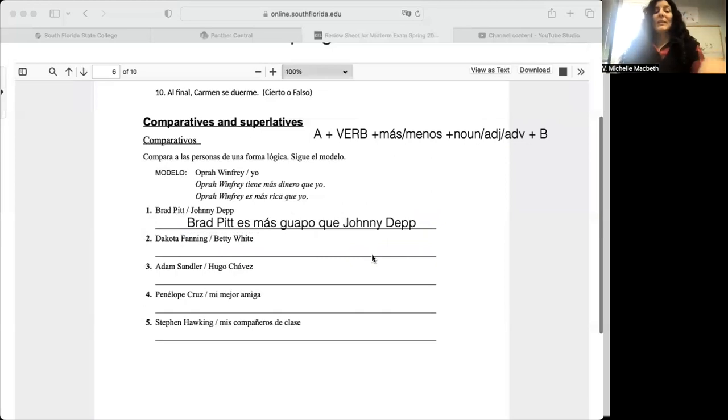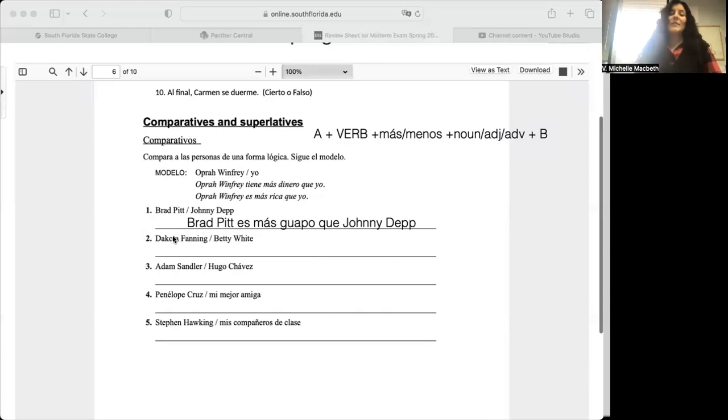Okay, so again, just whoever came first is who won. But here again, I followed my formula. Person A or thing A, right? Brad Pitt in this instance. Verb, which is es, más, then what they are, whatever I picked, guapo. Okay. And then que, and then the thing, right? Okay.